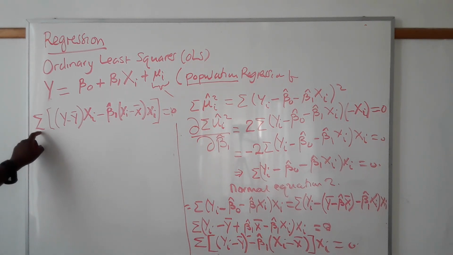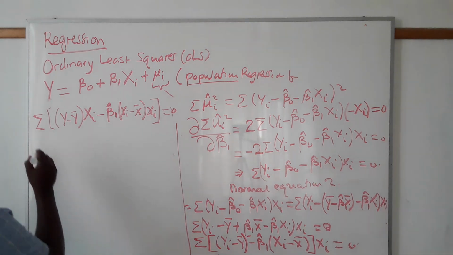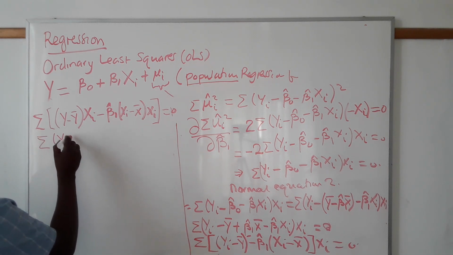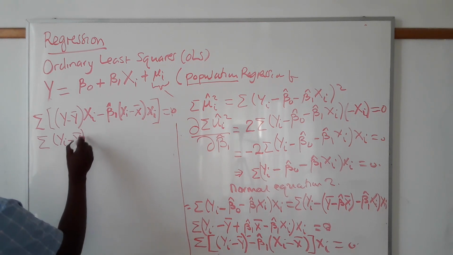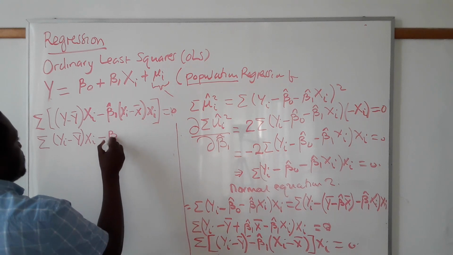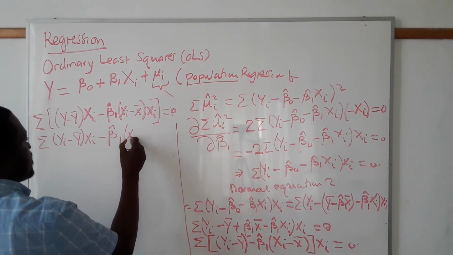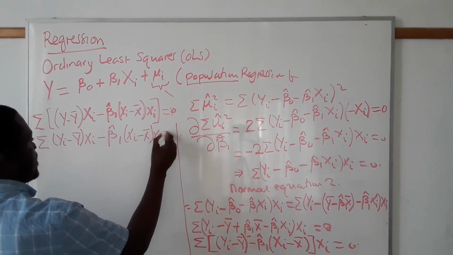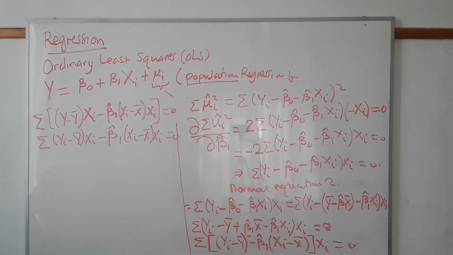Then we can distribute the summation sign so that we have the sum of yi minus y bar by xi, minus beta hat 1 times the sum of xi minus x bar by xi, is equal to 0.